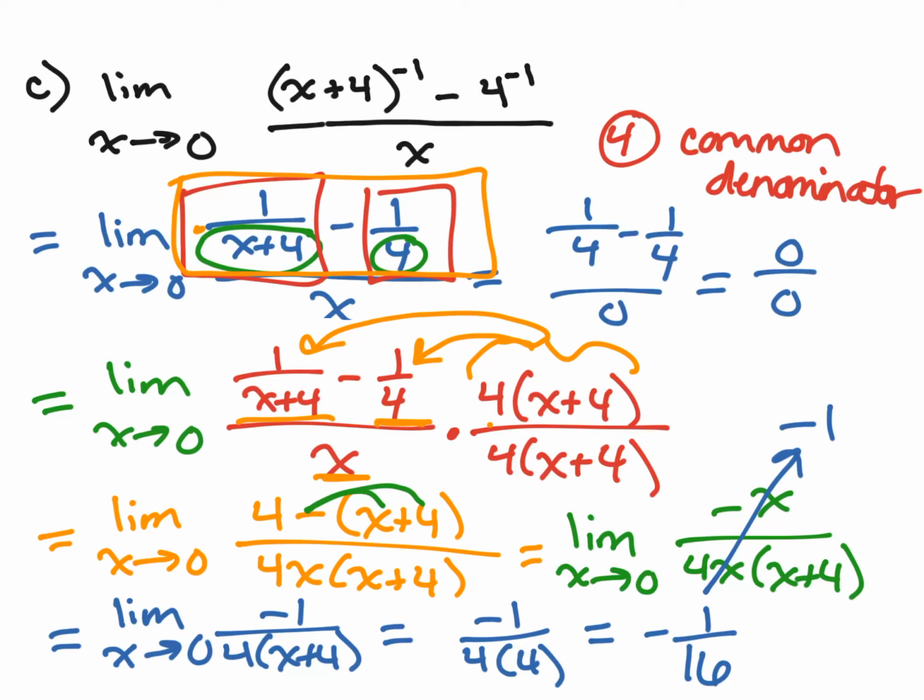Well, I'd end up multiplying this one by 4 over 4, and I would have to multiply this one by x plus 4 over x plus 4. So that's what the common denominator would be. So I just want to get rid of the denominators, so I multiply by it, and it makes them go away.